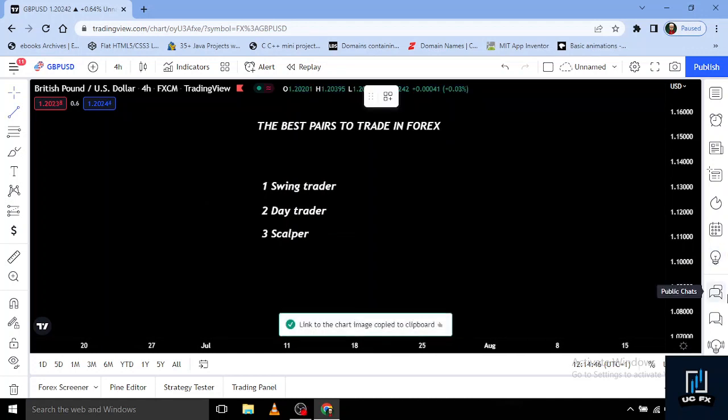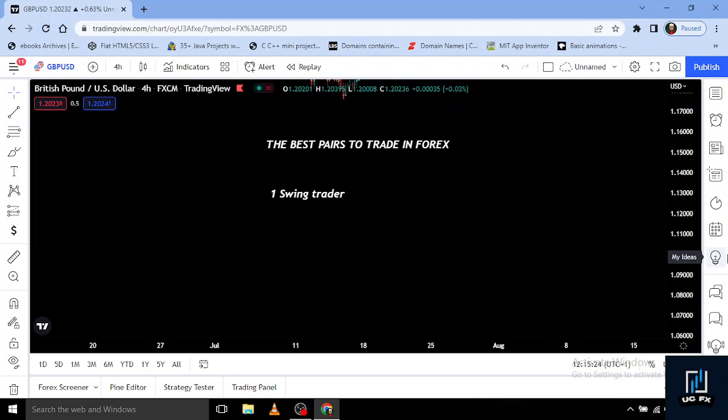Whichever one you are, I'm going to help you pick the best pairs. Let's start with swing trading. If you are a swing trader, which means you analyze mostly from higher time frames, it will take longer for your setups to start playing out.